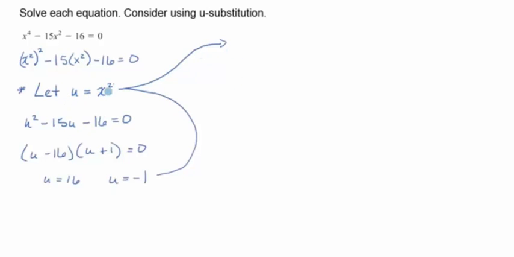If u is x squared and u is 16, then 16 is x squared. Same with this one, negative 1 is x squared. Now we need to take the square root of both sides of those equations, solving using the square root property.